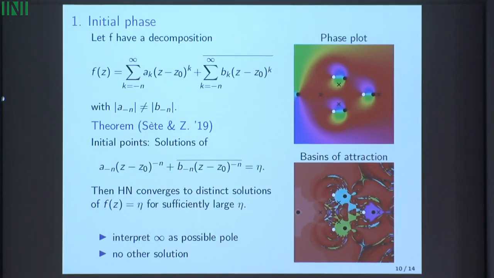So this gives a method for the initial phase: choose eta outside of all caustic points and try the theorem. If this works and I get distinct solutions, then I'm fine. If not, increase eta and go on. Okay, so this gives us the initial phase.